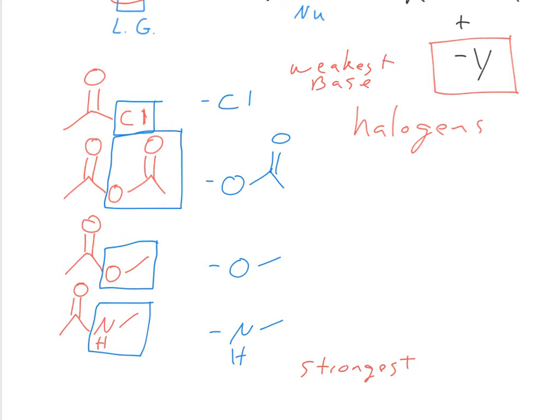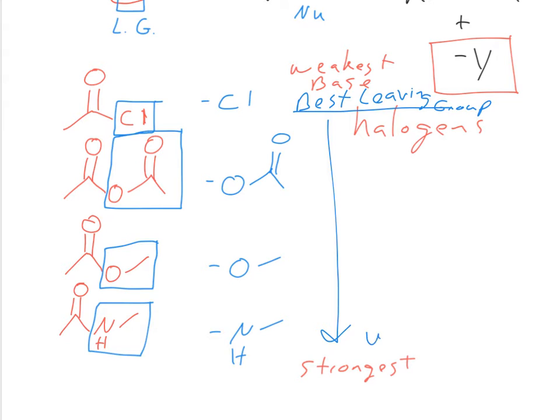And the way it works is whichever one is the weakest base is also the best leaving group. And so what happens is our leaving groups are best up here, and then they get worse as they go this way.